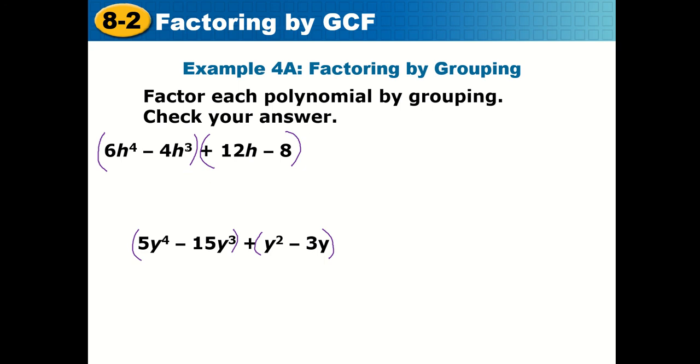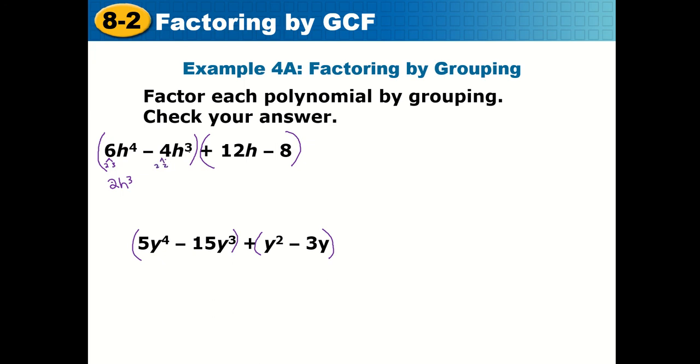So now we've got to find our greatest common factor. Hopefully you're getting used to greatest common factors right now. You know that 6 is 2 times 3 and 4 is 2 times 2. So we can factor out 2 times h to the third power because there's a 2 times 3 and 2 times 2.